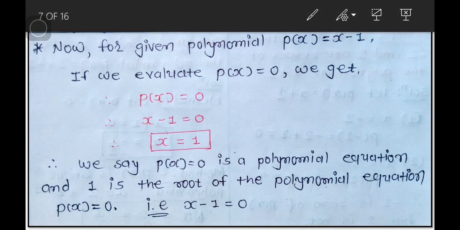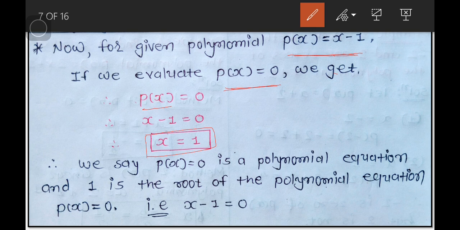Now for the given polynomial, if we evaluate p of x is equal to 0, here we put p of x as x minus 1. So we put x minus 1 is equal to 0. Then evaluating it, we get x is equal to 1.